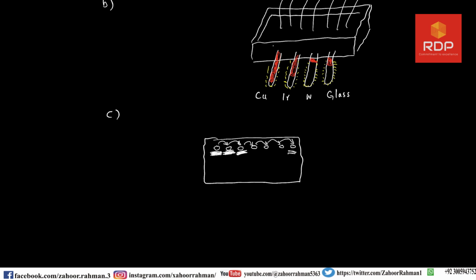And we are saying that metals are good conductors of heat, whereas wood is a bad conductor of heat.